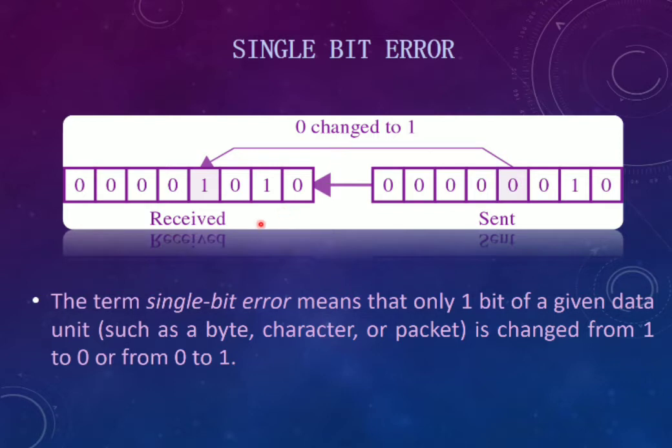So single bit errors are the least likely type of error in serial data transmission. To understand why, imagine data sent at 1 Mbps. For a single bit error to occur, the noise must have a duration of only 1 microsecond, which is very rare; noise normally lasts much longer than this.